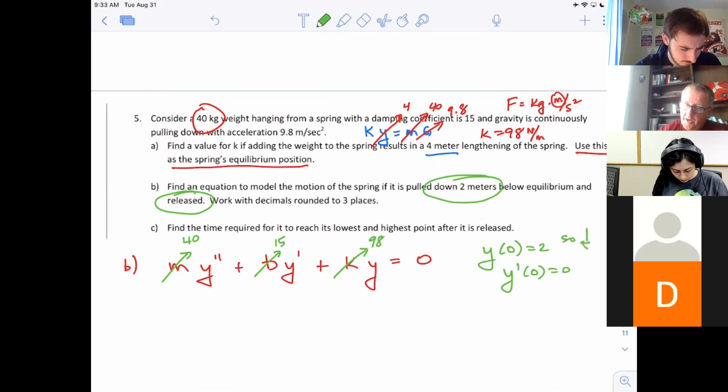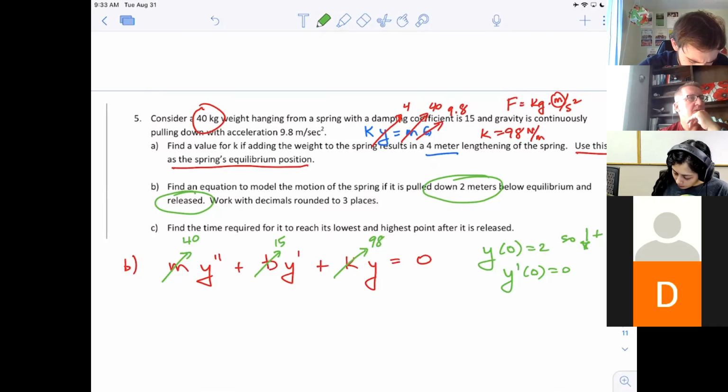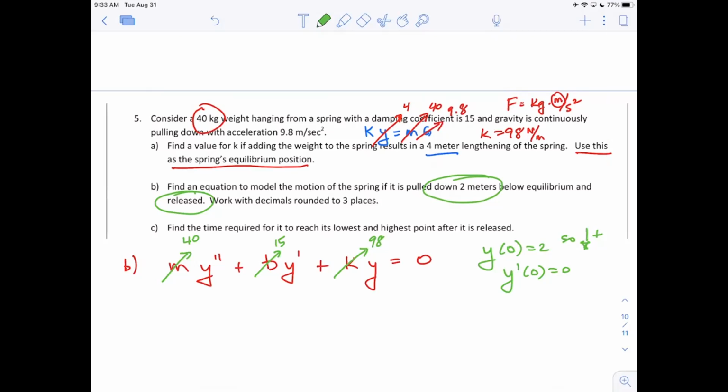So down is positive. So this is probably not a good way to do this. It's probably not a good idea. I'm actually just curious. I wonder what I did in my note sheet, my solutions to this. You actually did it this way. So that's a little dangerous.